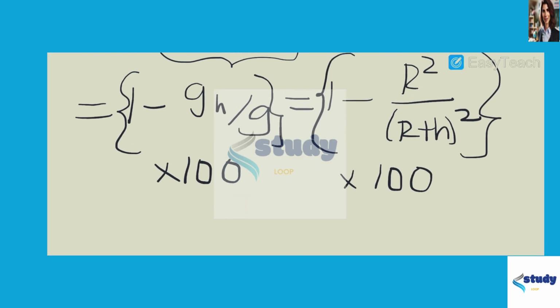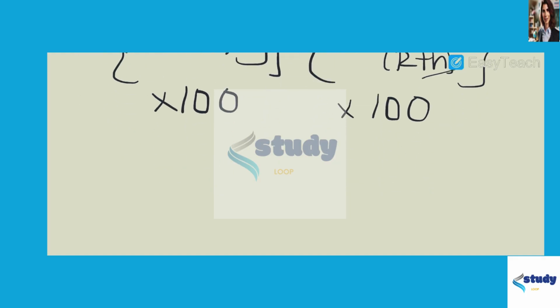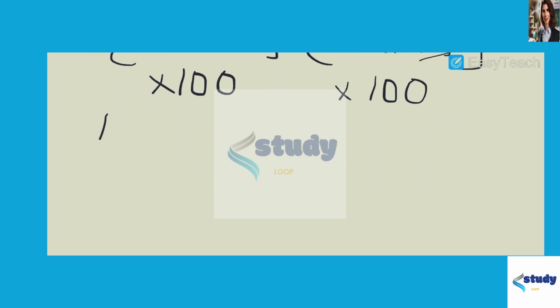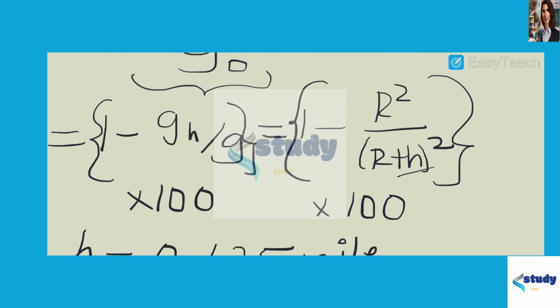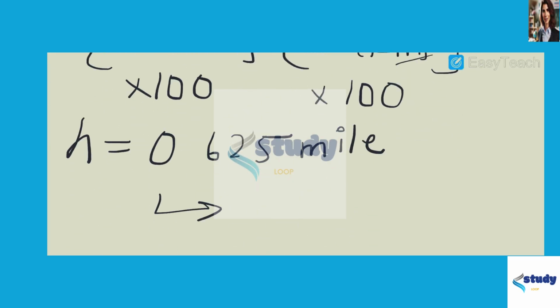Now, as you can see, the only variable that we need to know is h, and in the problem statement we're asked to solve for an h of 0.625 miles, and plugging that into this expression shown here, we find that the percent error is very small.